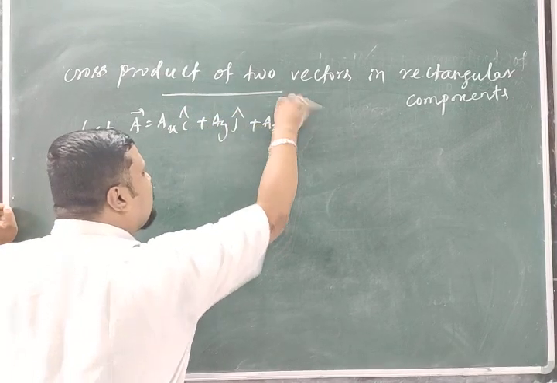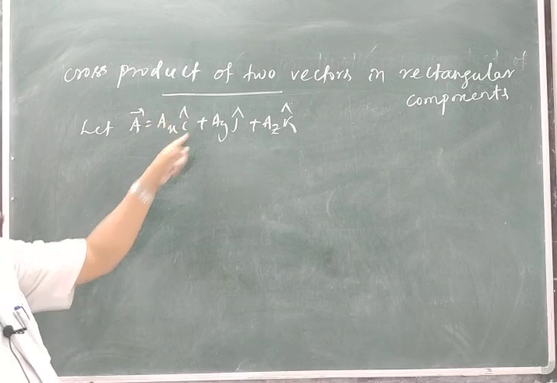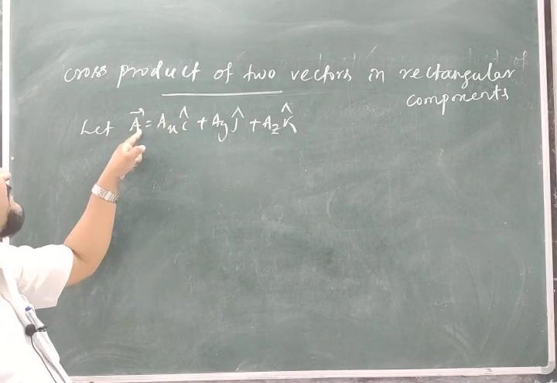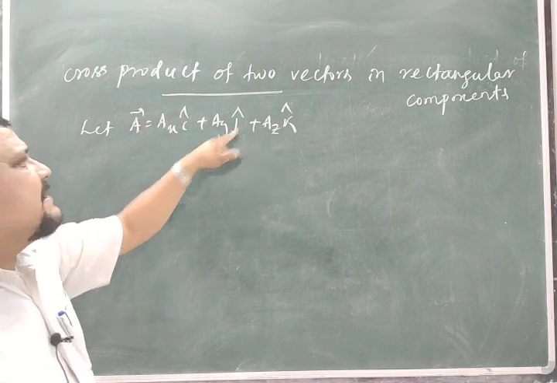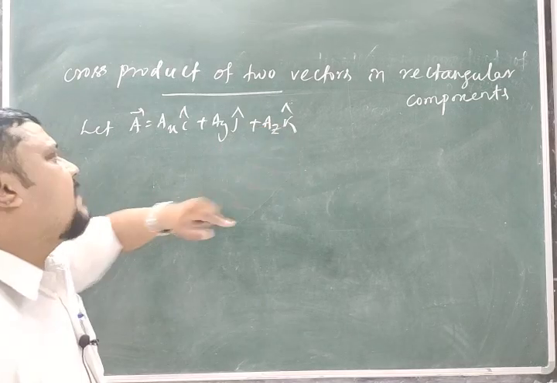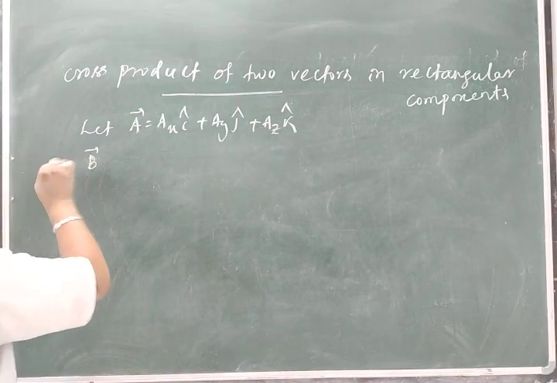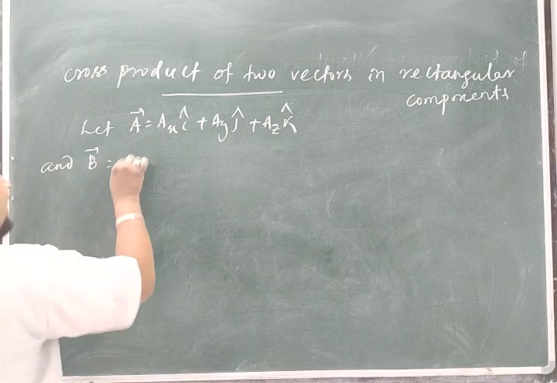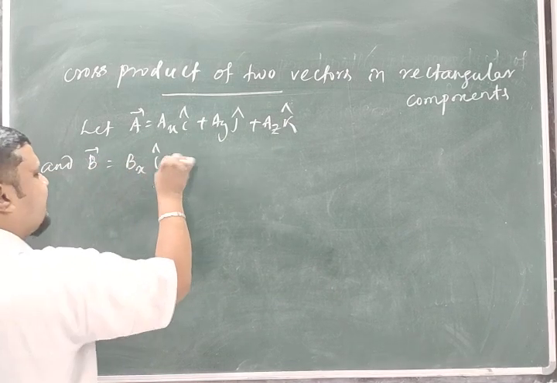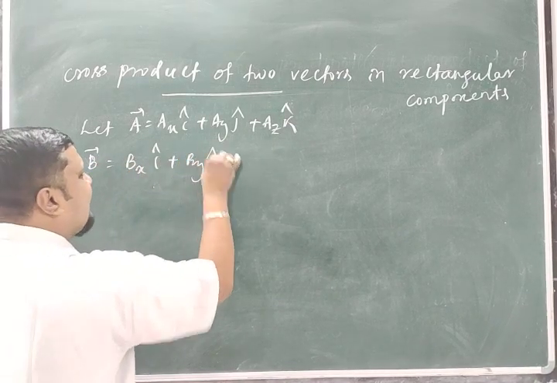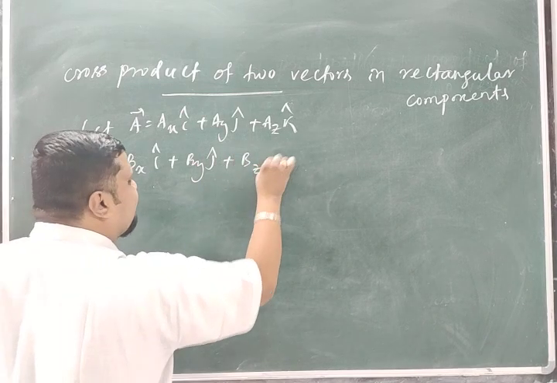Already you know that ax I cap is the component of a vector along the x-axis, ay j cap is along the y-axis, az k cap is along the z-axis, and B is the vector given in component form as bx I cap plus by j cap plus bz k cap.